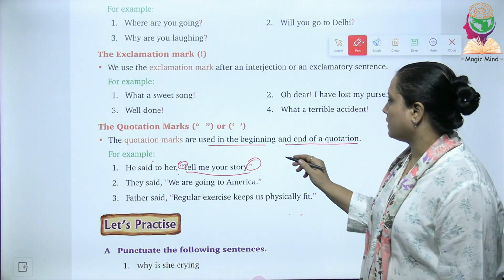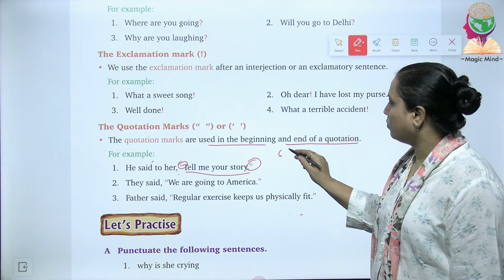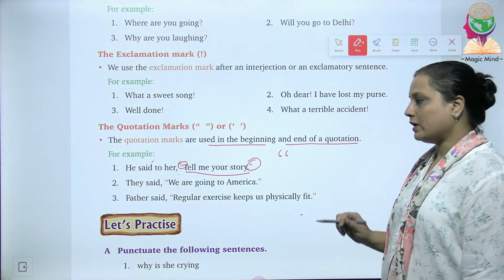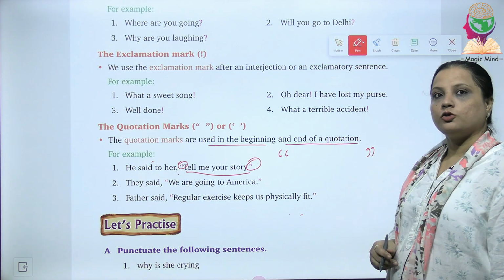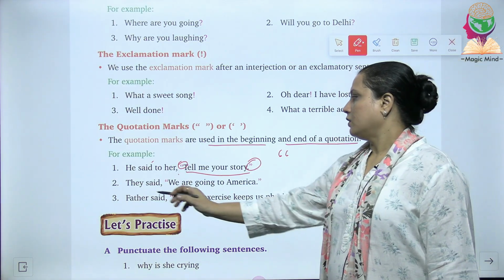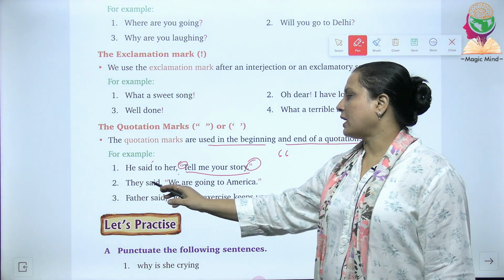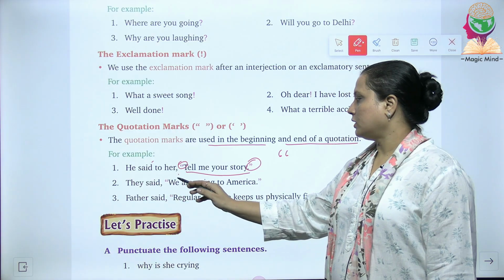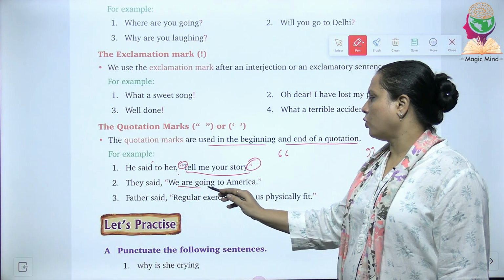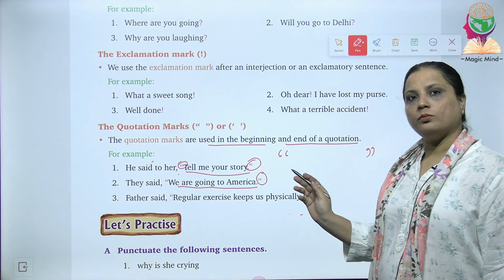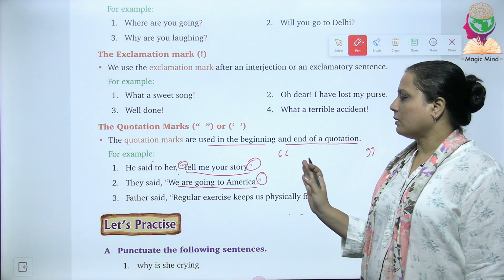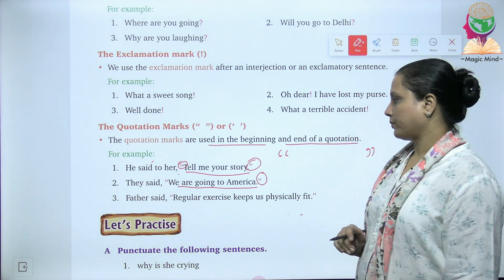Now when we are marking this, remember you have to begin with this, and when we are ending, this mark will come on the top. The next one is they said, comma, then a quotation mark, we are going to America, then again a quotation mark for completing the quotation.